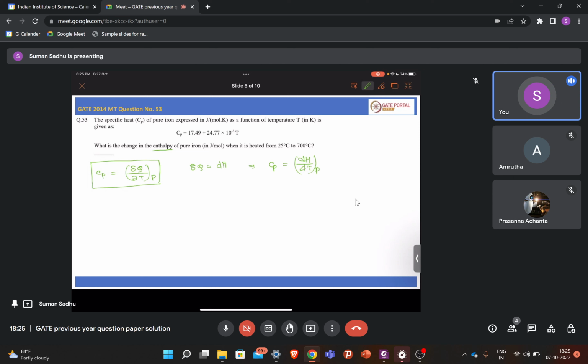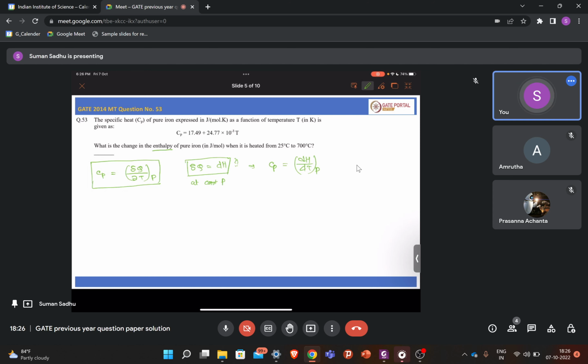Now, do you know why this delta Q is dH at constant pressure? Why can we replace delta Q with dH? Internal energy equal to 0. Okay, but can you express in mathematical terms how internal energy will be?